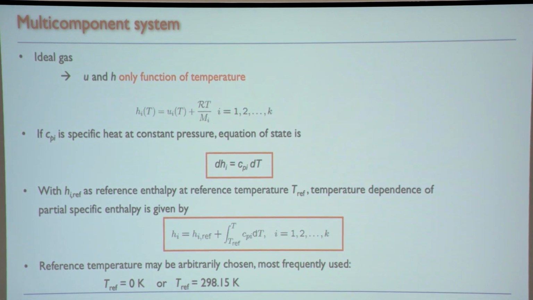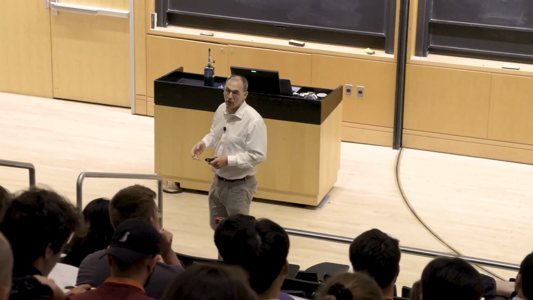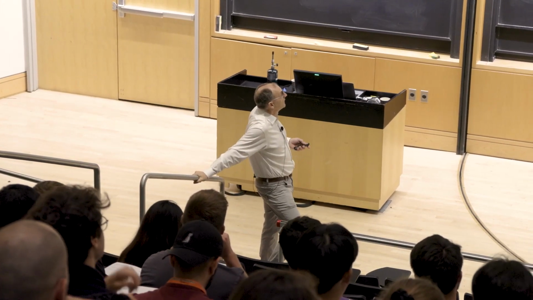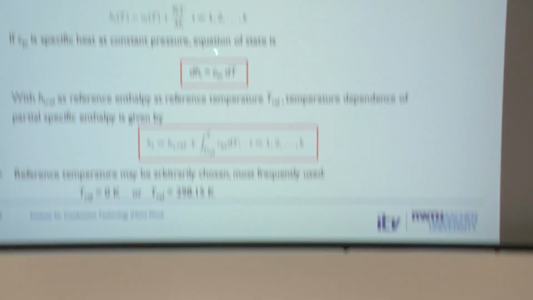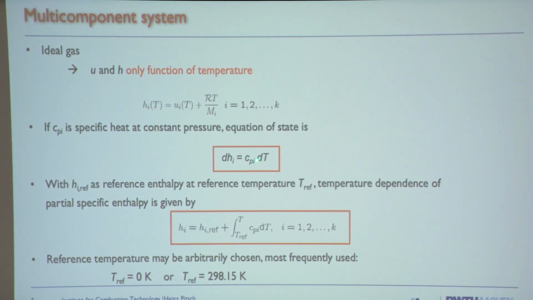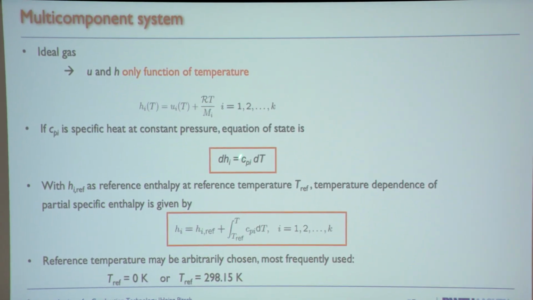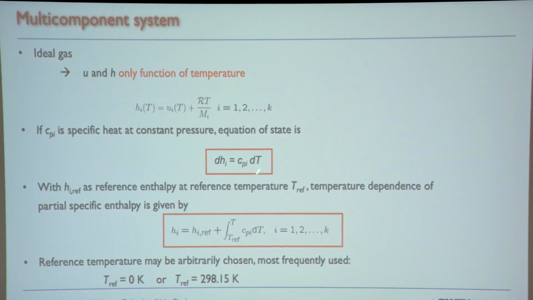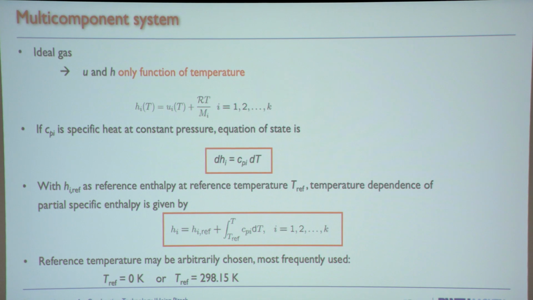I need an equation of state. And the equation of state comes from the definition of the specific heat, Cp. We define the specific heat as dH by dT at constant pressure.